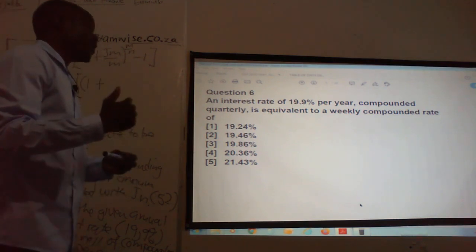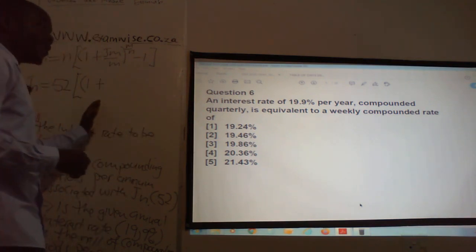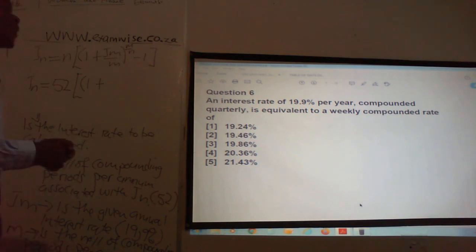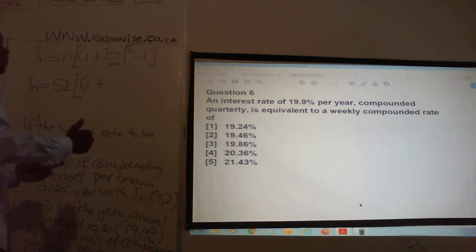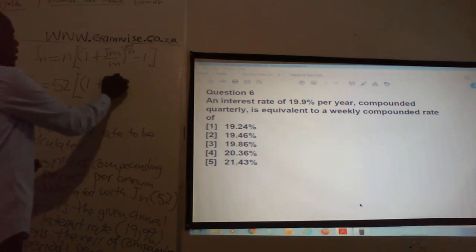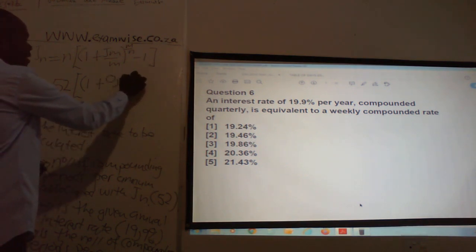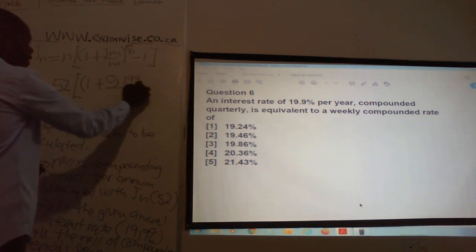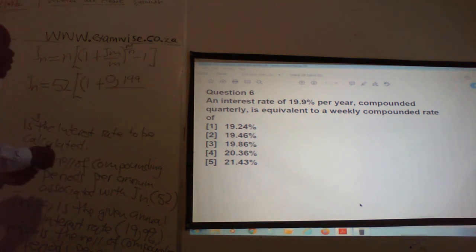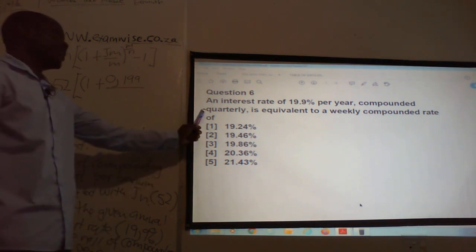So 19.9% as a decimal is 19.9 divided by 100, which is 0.199. Then we divide by M, the number of compounding periods per annum associated with our Jm. Here they are saying compounded quarterly.